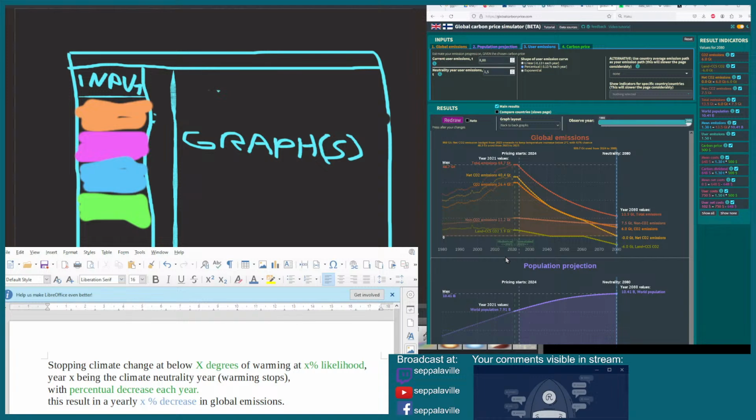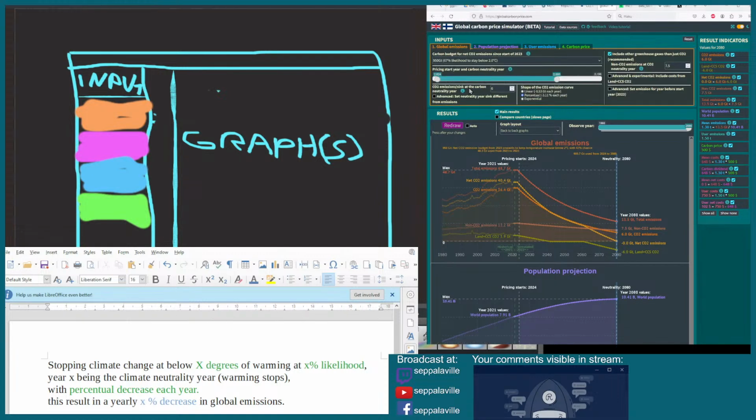I think one quite big change here would be that we want each tab here, when we get them to the left, to correspond to a graph in the graph section.